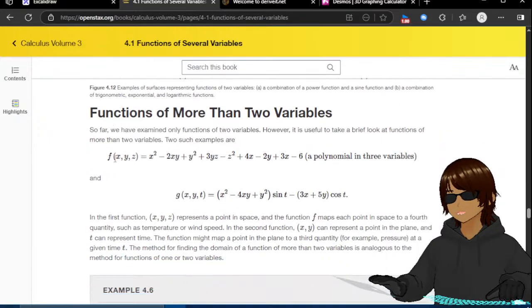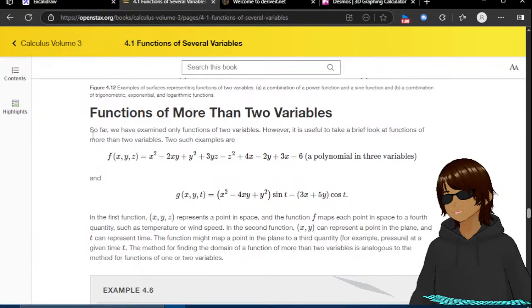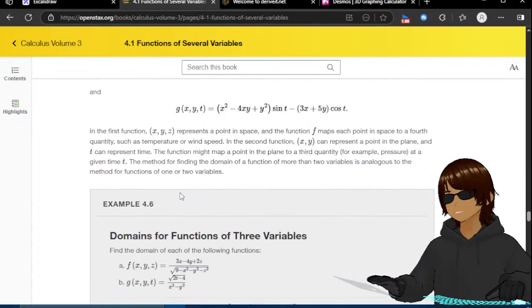So far, we have examined only functions of two variables. However, it is useful to take a brief look at functions of more than two variables. Two such examples are f of x, y, z, a polynomial in three variables, and g of x, y, and t. In the first function, x, y, and z represent a point in space, and the function f maps each point in space to a fourth quantity, such as temperature or wind speed.